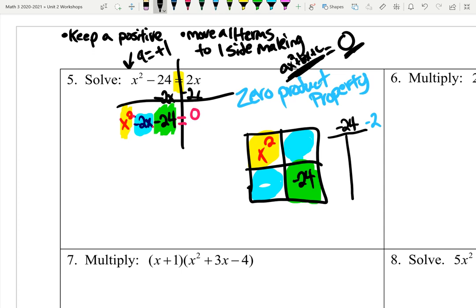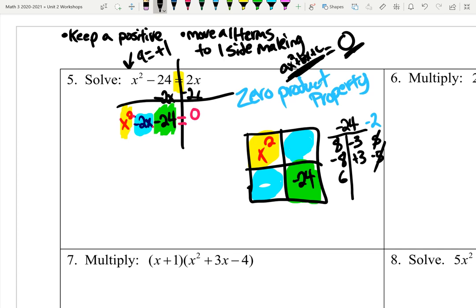What are some numbers that multiply to be 24? Well, I know 8 times negative 3. Well, together that makes 5, so that's a no-go. And if I tried to do it the other way, it would turn into negative 5. Still no. I want it to be negative 2. I'm going to keep on looking.